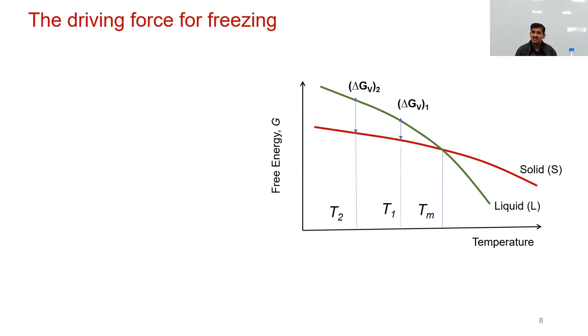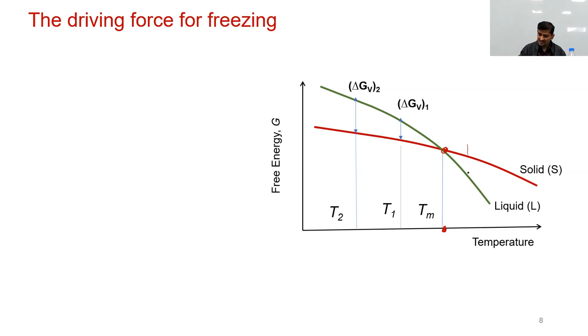Here we have free energy versus temperature curves for two phases. The red curve is for solid and the green curve is for liquid. Here is the melting point, Tm. Above the melting point, the liquid has a lower free energy and the solid has a higher free energy.